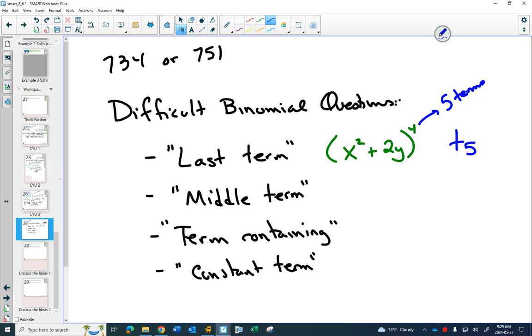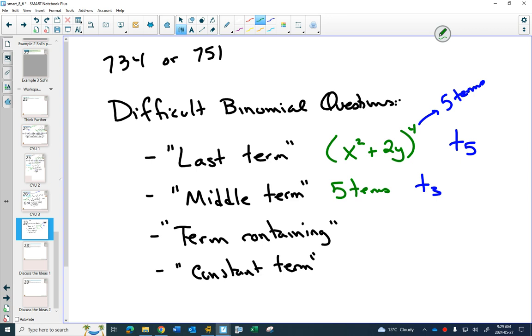The middle term is a little bit trickier. I was going to use the same example, but we might run into a little issue. If I have 5 terms, which term is in the middle? Term number 3. So in this same example, the middle one is term 3.